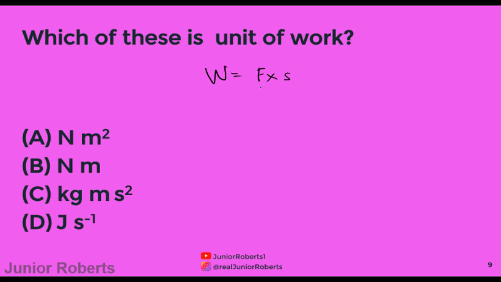So we'll say that work is equal to force times displacement. Now, the unit of force is a Newton, and the unit of displacement is the meters. So therefore, we can say that the unit of work can be written as Newton meters.